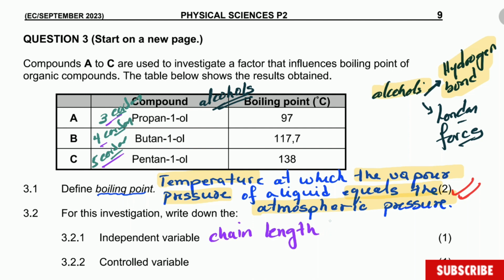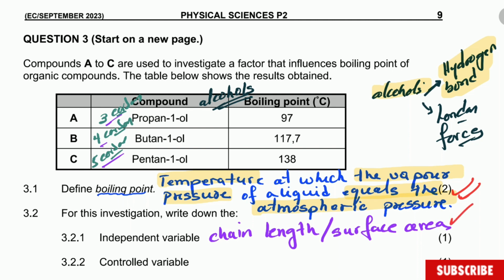You can also write, for example, surface area, or even molecular size. I'm going to keep it like this: chain length, surface area. Note that is what we actually change. I think if you write number of carbon in the main chain, it will also be accepted. Now there's 1 mark for that one, guys.